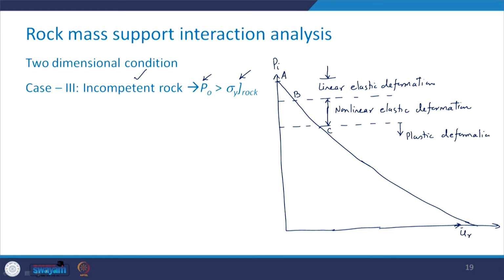So, this is the difference between case 2 and case 3. That here in this case we are having some plastic deformation as well. Okay. Now, I take a few points. So, this point I name as E. Let us say I need to arrest the deformation corresponding to this point B. So, what is that?